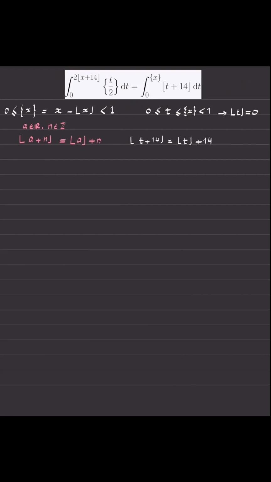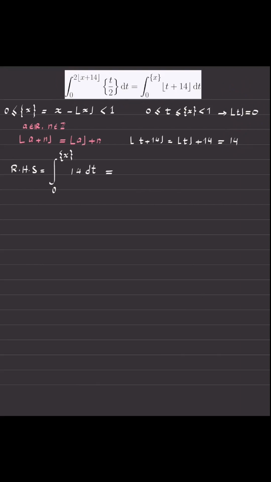But we just realized that for this integral, the floor of t is 0, so this is just 0 plus 14, which is 14. So the right-hand side becomes the integral from 0 to the fractional part of x, but instead of this expression, I can simply put the constant 14 and then dt.